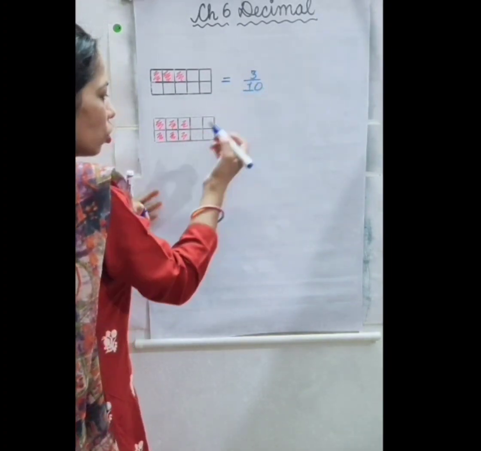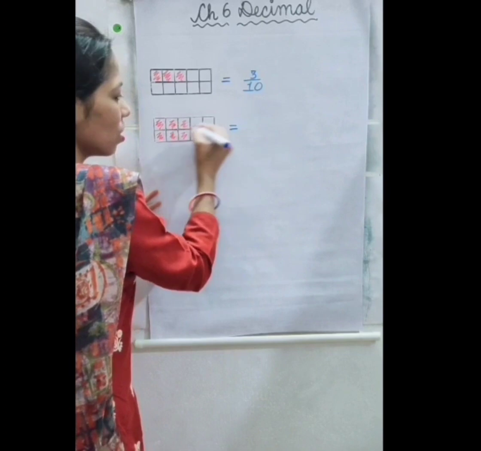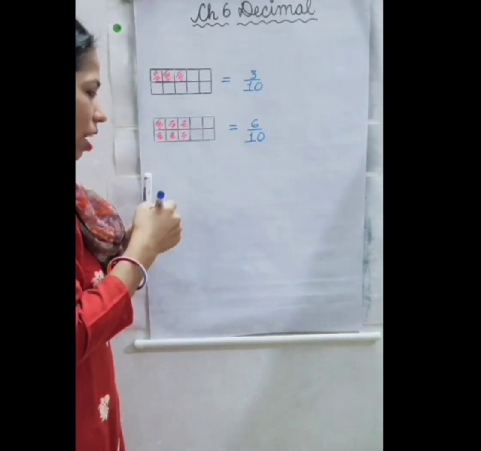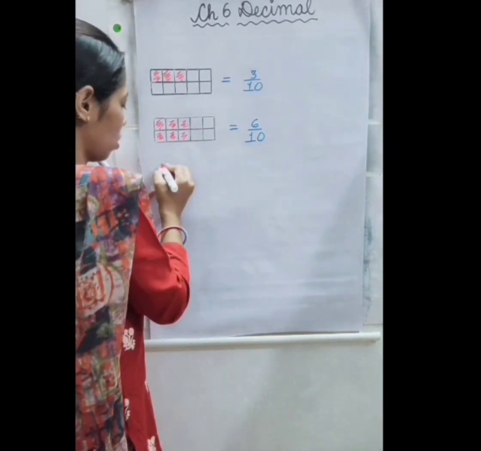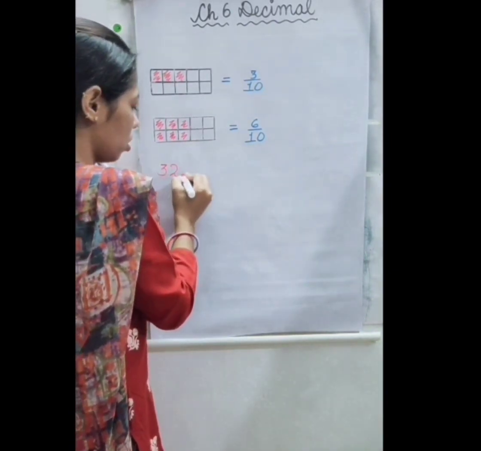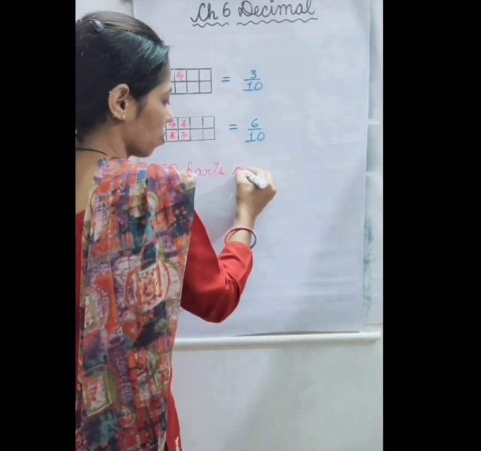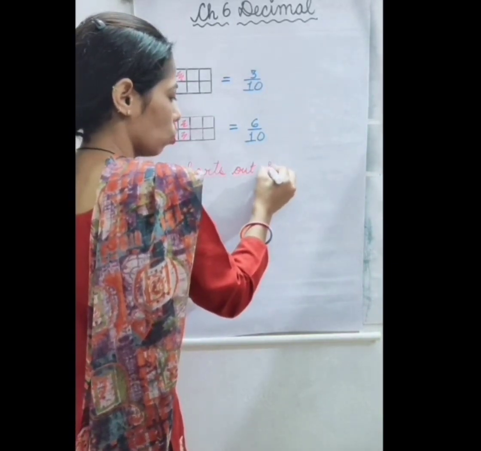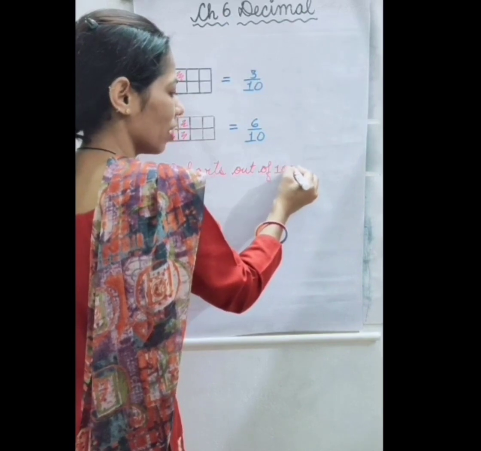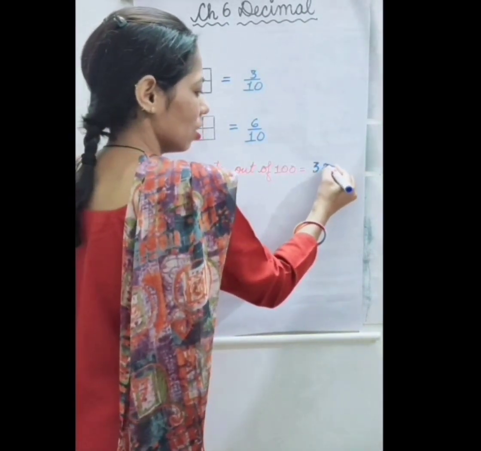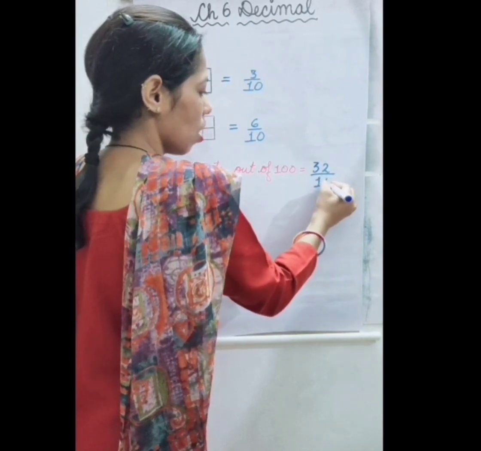So 3 out of 10 are shaded, and here 6 out of 10 are shaded. And if we have 32 parts out of 100, we can write it as 32 by 100.